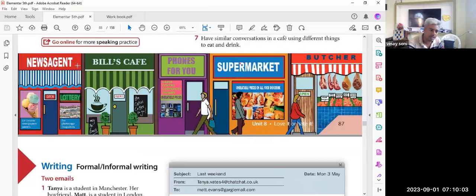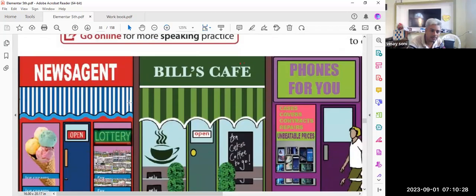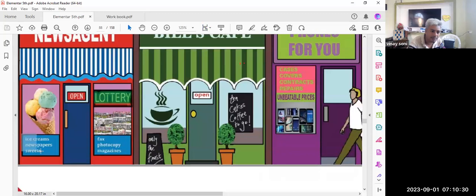News agents, okay. This is a typical British culture shop. They can sell lottery, they can sell ice cream, they can sell magazines, they can sell stuff like cigarette, bubble gum, chewing gum, and stuff like that. You can take a look, if I zoom in a little bit, sorry. Ice cream, newspapers, sweets, fax, photocopy, magazines, all these things you can buy here at a news agent.